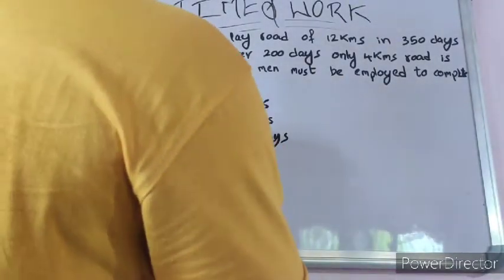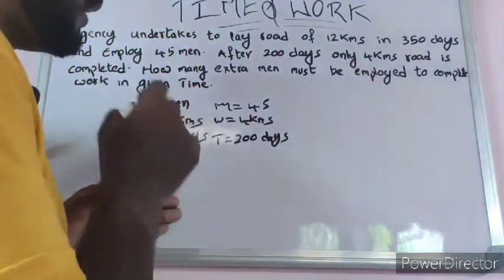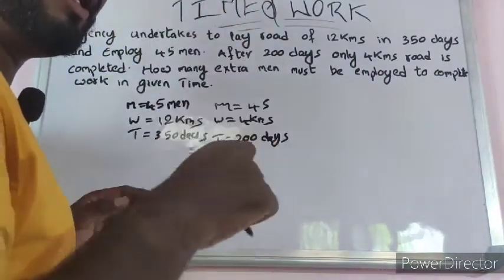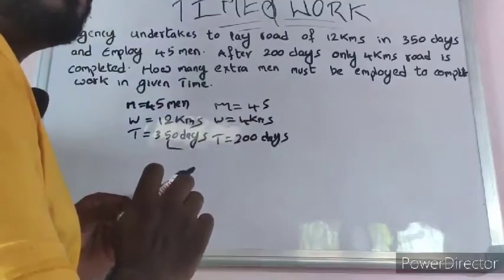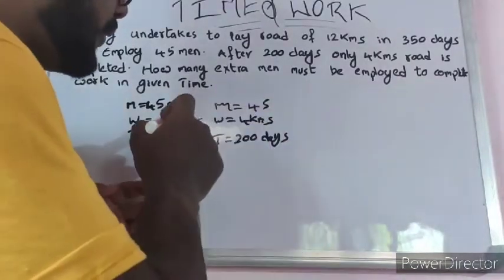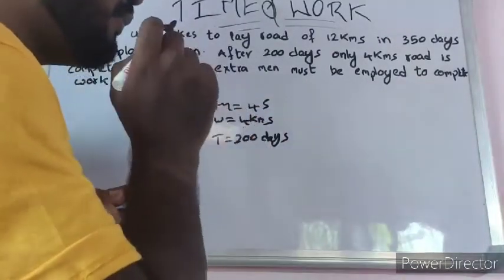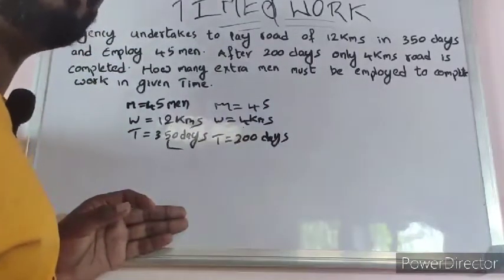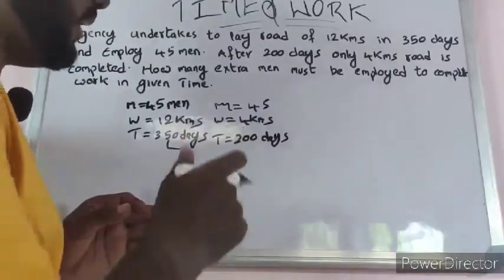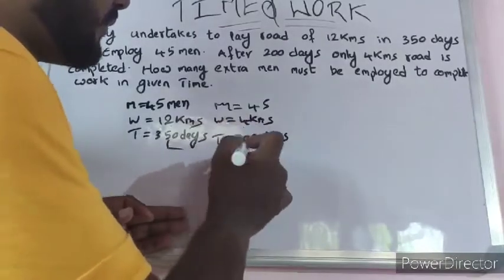The time period given to us to complete laying the road was 350 days. 200 days already passed. Did we lay 12 kilometers of road? No, we laid only 4 kilometers of road. How much laying is still pending? 8 kilometers. And 8 kilometers in how many days?